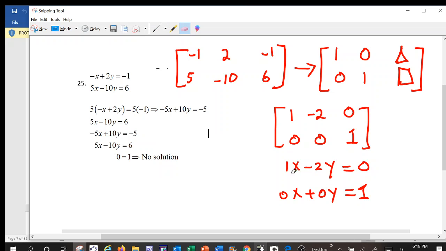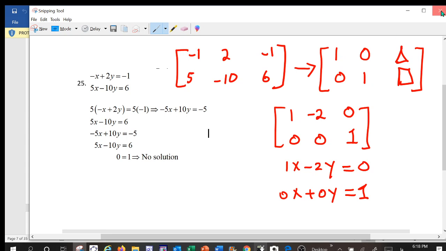Now, this is not possible because you can't have any two numbers that you multiply by 0 and get this number here. So what happens if you have no solutions? How can you tell from Gaussian elimination? Well, in Gaussian elimination, the last row will be all 0 except for the last one, which is the right-hand side here. If you get a row of zeros except for the last one, that means no solution. So this one has no solution.